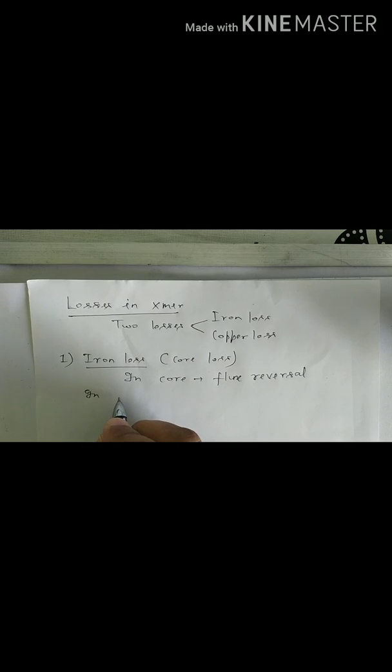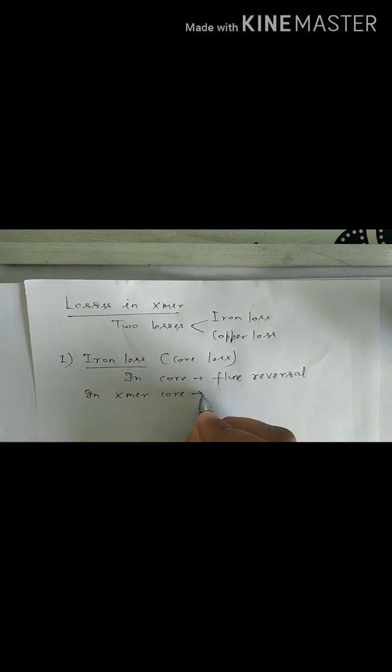In transformer core, flux is almost constant always. Therefore, this loss is also known as constant loss because flux is constant.